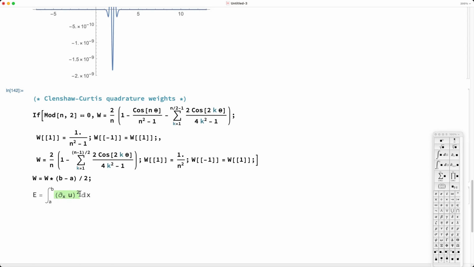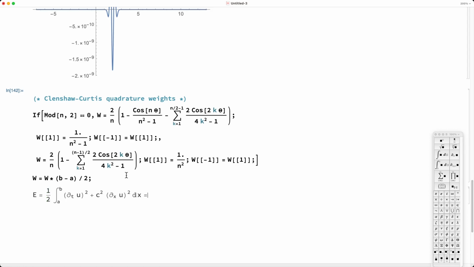So normally this would look like this, and there would be a partial t here, and then there would be a 1/2.